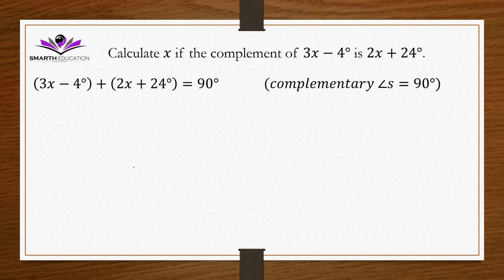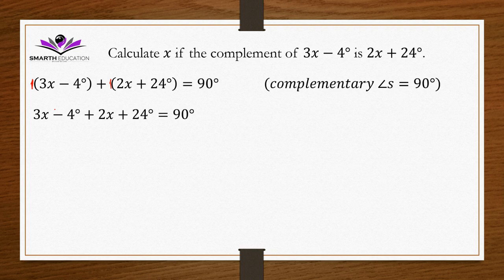The coefficients of the brackets are 1, which is invisible, and if we distribute it, it doesn't change anything. So we have 3x minus 4 degrees plus 2x plus 24 degrees equal to 90 degrees.